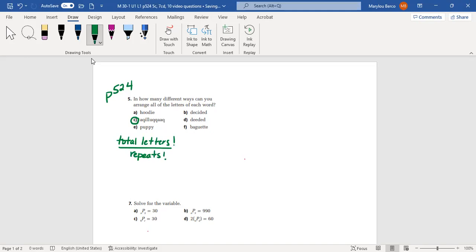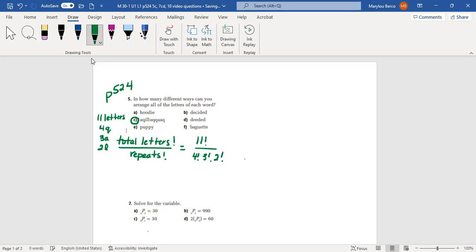So if we just take a look at the word, there are 11 letters. There are 4 Q's, 3 A's, and 2 L's. Okay, so what we have now is 11 factorial over our repeats, which are 4 factorial, 3 factorial, 2 factorial.